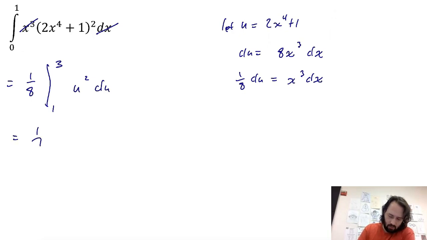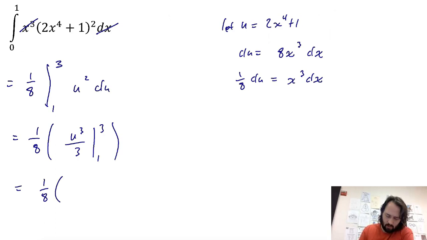Right, so then 1/8 times u cubed over 3 from 1 to 3. So this is 1/8 times, 3 cubed would be 27 over 3, which is 9, minus 1/3.